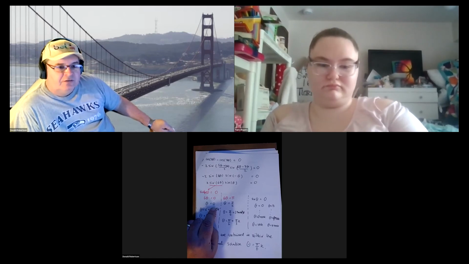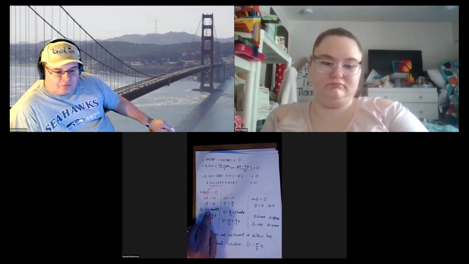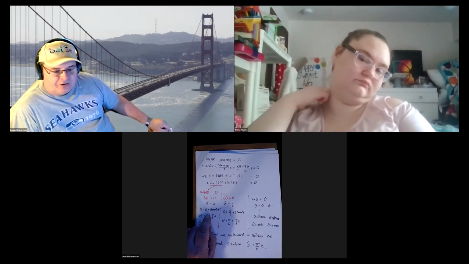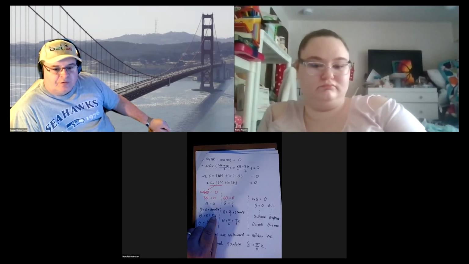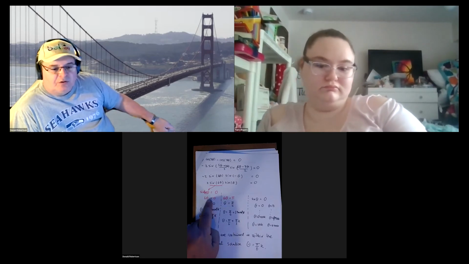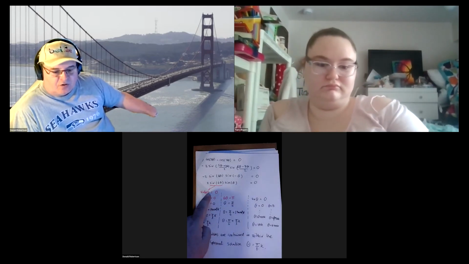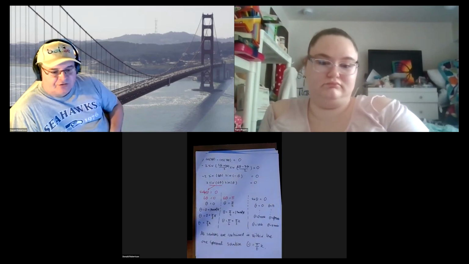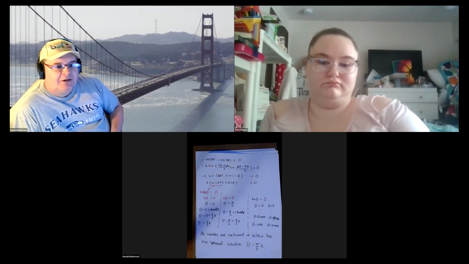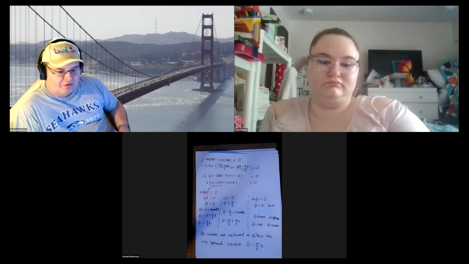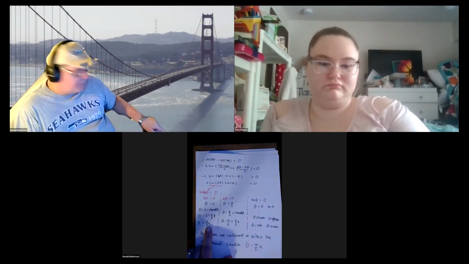And then the general solution is 0 plus the period k, 0 plus a pi over 3k, because the period of sine 6 theta is a third pi. 2 pi divided by 6 is a third pi.